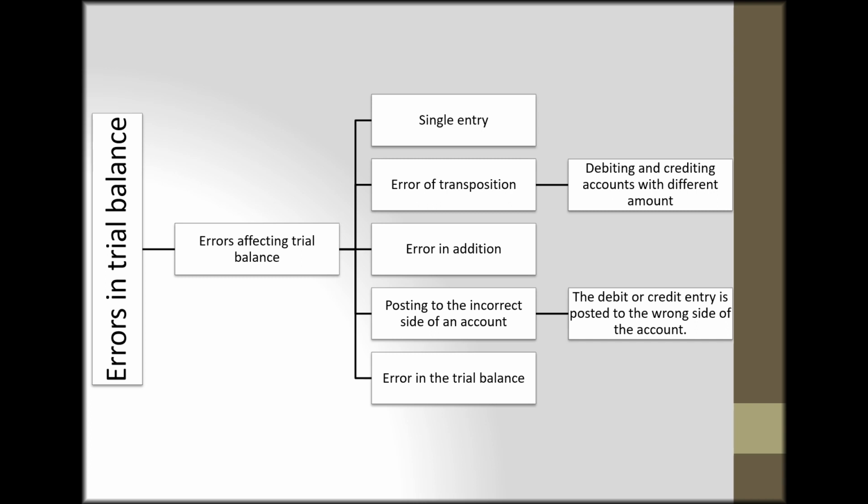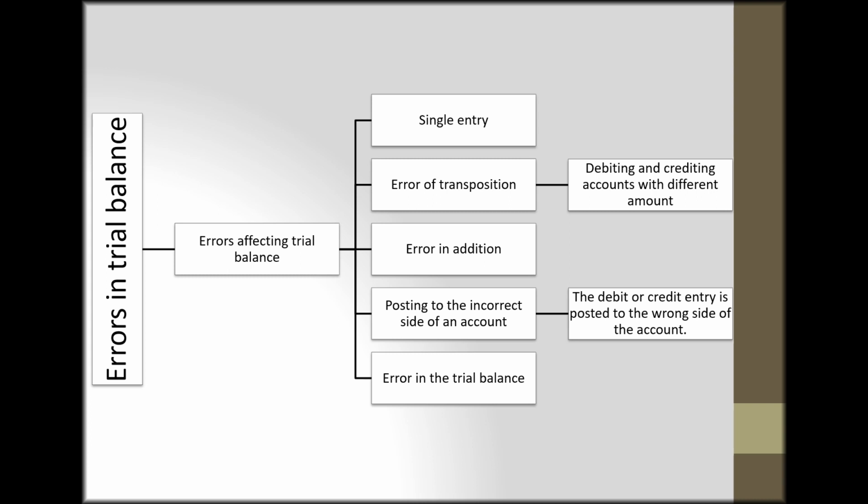Because for a business transaction you must have at least one debit and one credit. So in a single entry you record only one of them, and at the end of the day there will be a difference between the debit and credit balances in the trial balance.